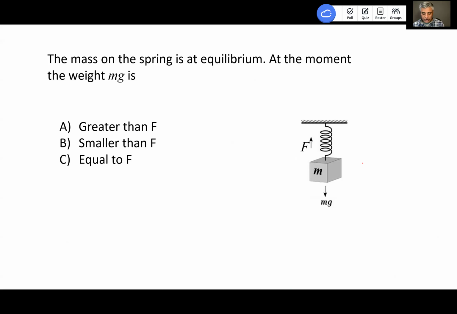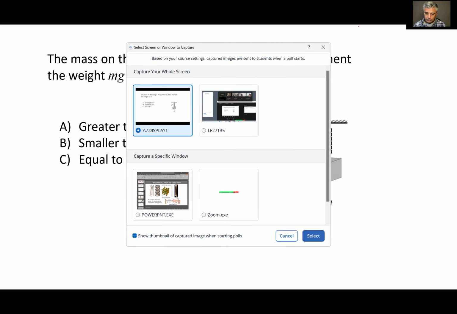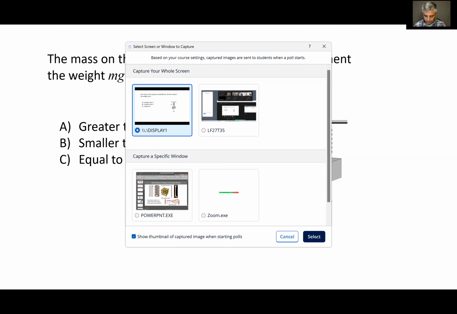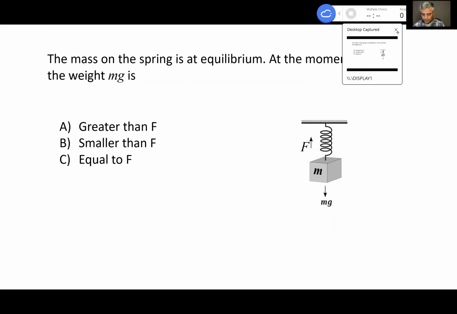But before we do that, here is a question for you. F here represents the spring force as indicated here.